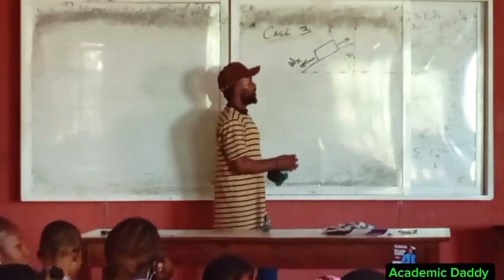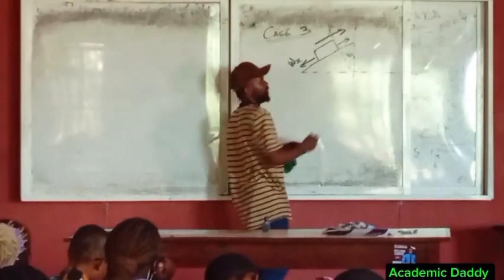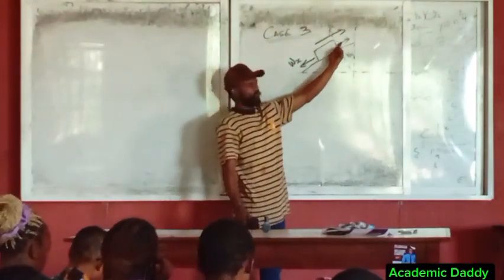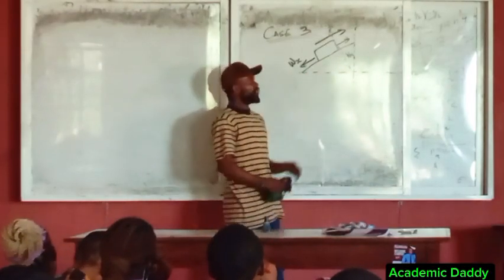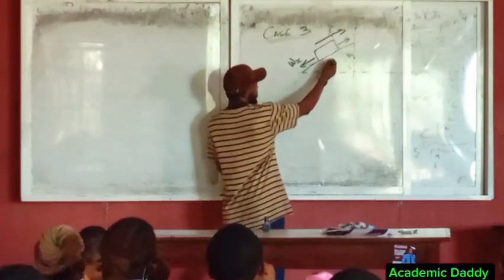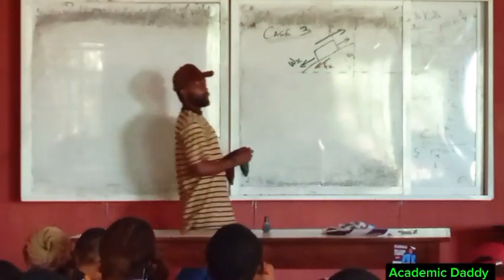If this object is sliding upwards, it simply means that kinetic friction will be going this way. So the best way to put this is that the kinetic friction is going this way, that is Fk.